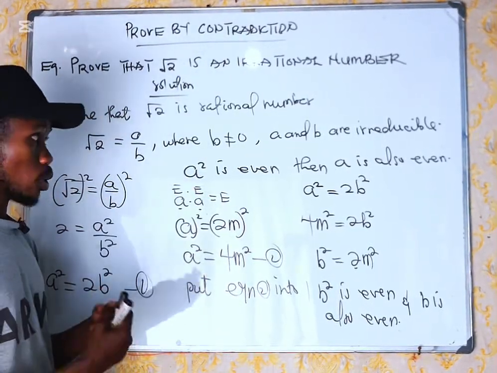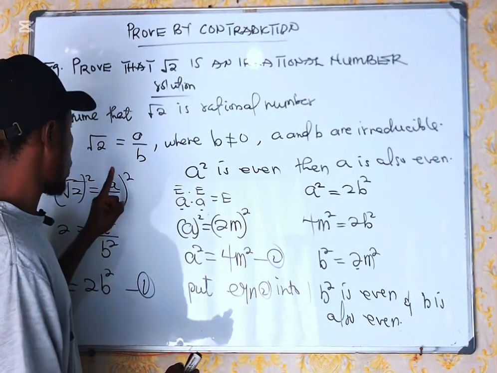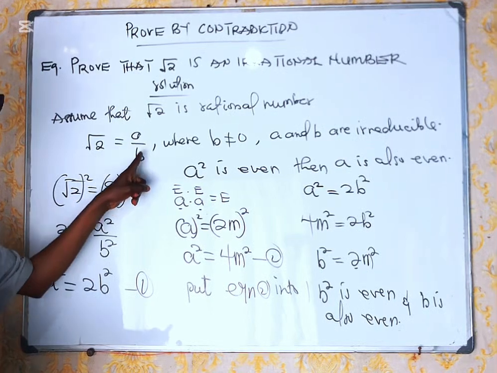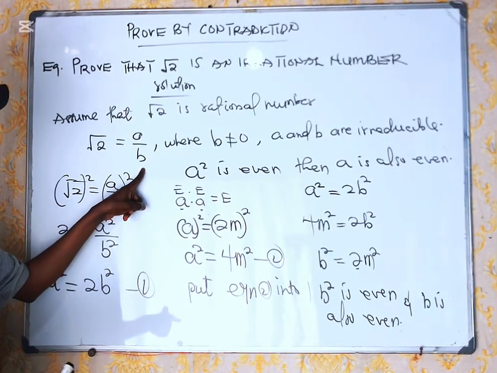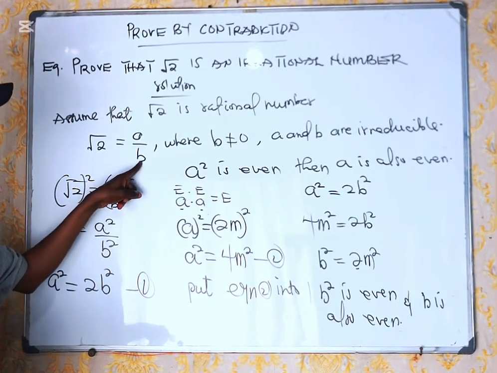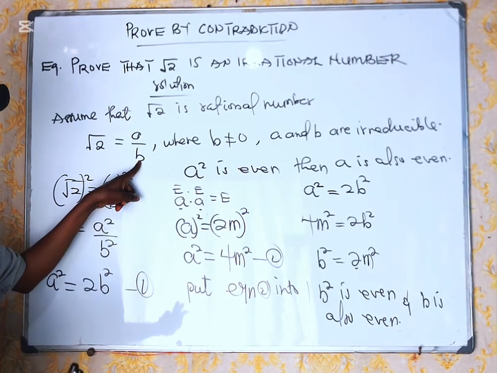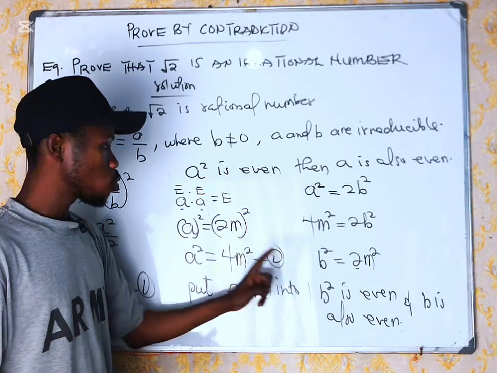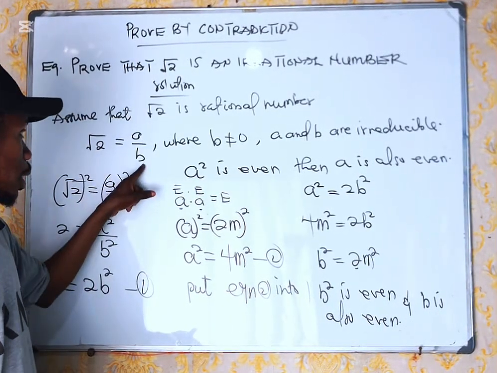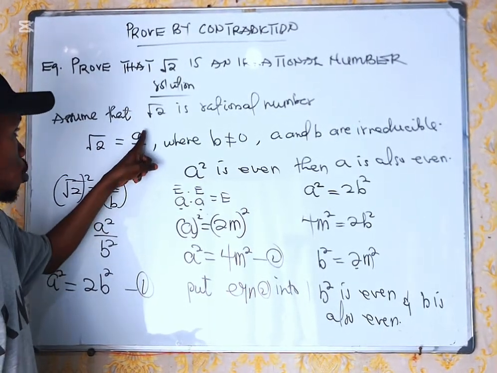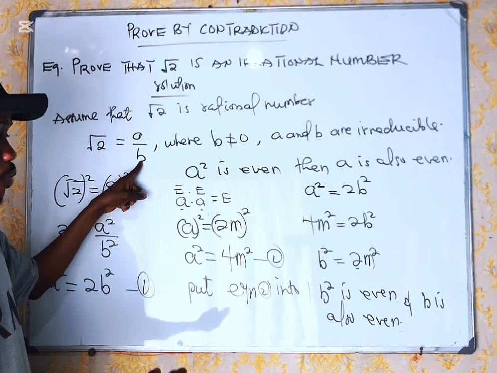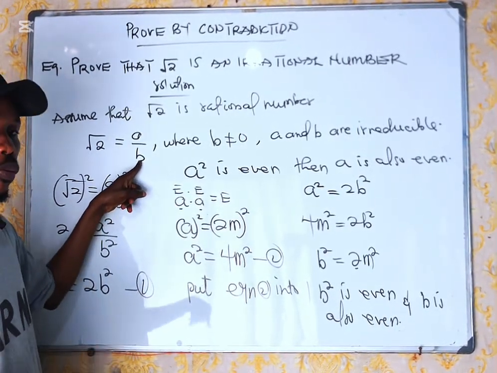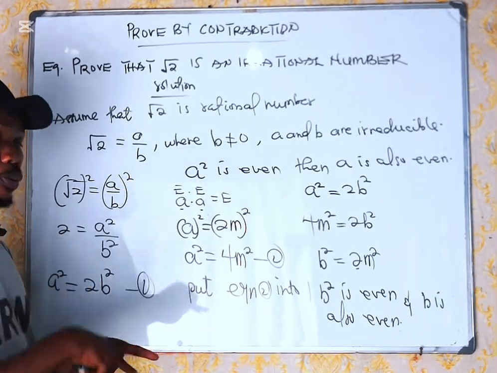We said, so this is why we call this contradiction. We said that root 2 is rational, which is equal to a over b, right? And you realize that a over b is irreducible. Something that is irreducible. Yet, we are able to prove that this and that cannot be even. So if I'm able to prove this and that to be even, it tells me that there will be a common factor apart from 1, a common factor of 2, which is reducible.